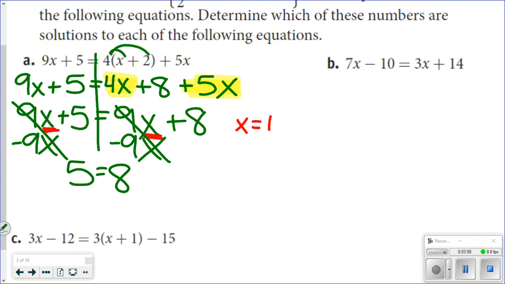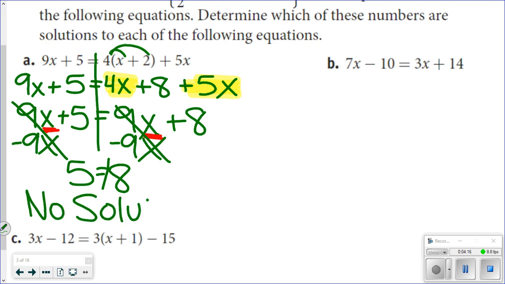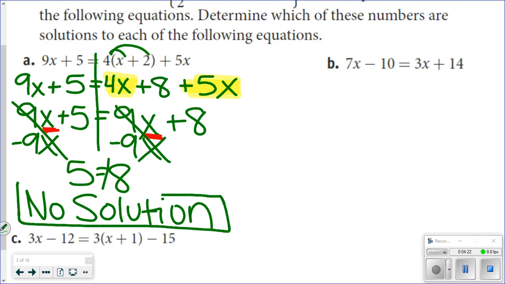No, $5 does not equal $8. 5 cookies does not equal 8 cookies. So this is a false statement. 5 is never going to equal 8. So no matter what number we plug in, we will never get a true statement. So therefore, this problem has no solution.